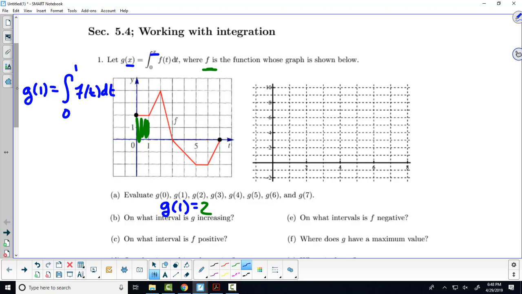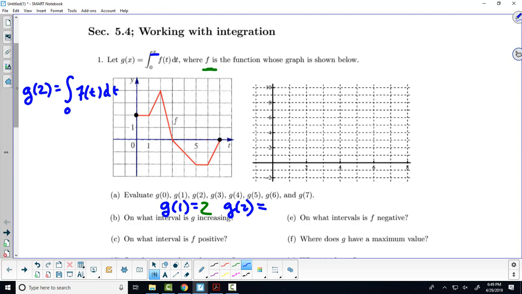Now I'd like you all to find g of 2. So when I ask you to find g of 2, where do we put the 2?